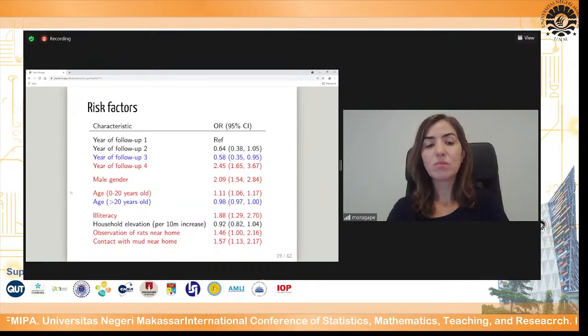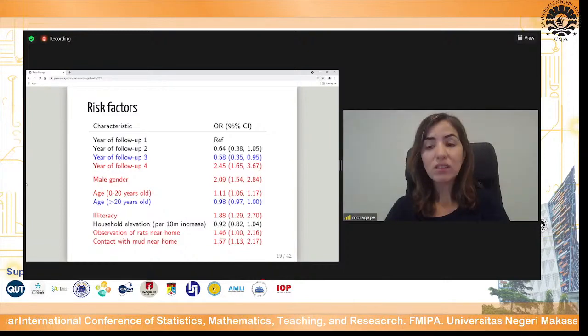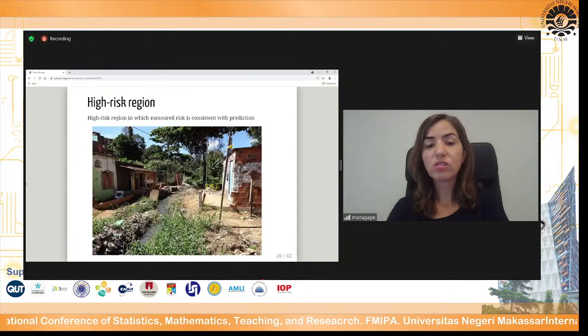And this makes sense because young people have more risk activities, such as being outside, barefoot, and with contact with mud and water that could be contaminated. We also examined the residuals to identify locations where the risk was higher than predicted by the risk factors.